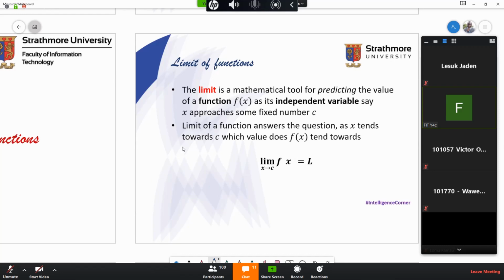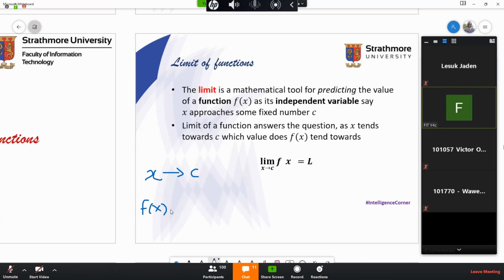So when we are finding the limit of a function, we are going to ask ourselves, as X is approaching some given value, so X is tending towards some value, to which value does the function tend towards?